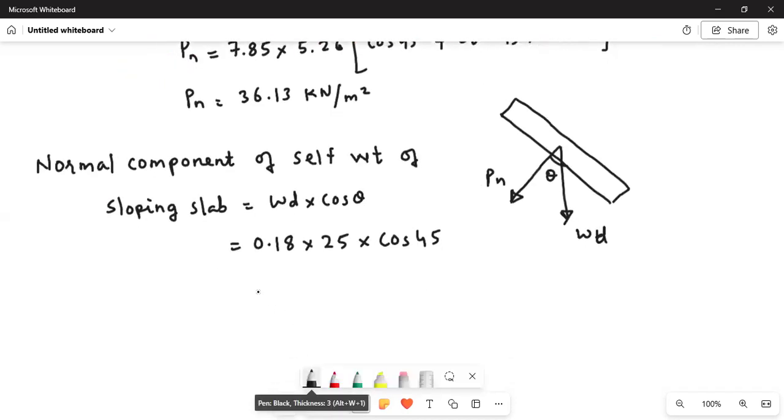So this is coming as 3.18 kilonewton per meter square.